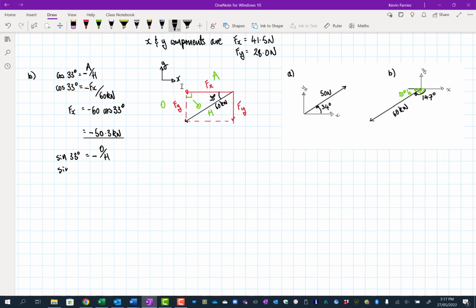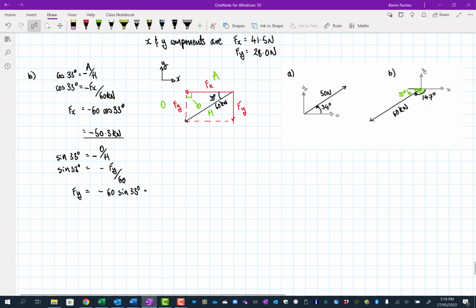So therefore sine 33 degrees is equal to negative, opposite is f of y, over hypotenuse is 60 kilonewtons. Therefore f of y must be equal to negative 60 sine 33 degrees.